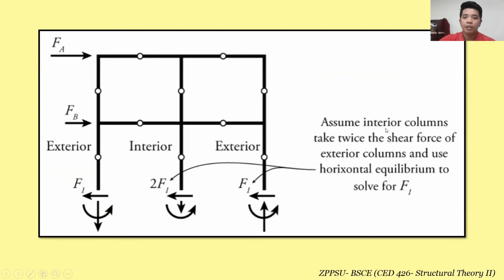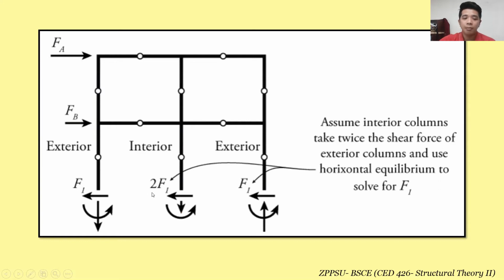So assume interior columns take twice the shear force of exterior columns, and use horizontal equilibrium to solve for F sub 1. So sa portal method, tatandaan nyo lang na all exterior columns have the same magnitude. Kaya yan F1 and F1. And sa lahat naman ng interior column, it's just twice the force of the exterior columns.